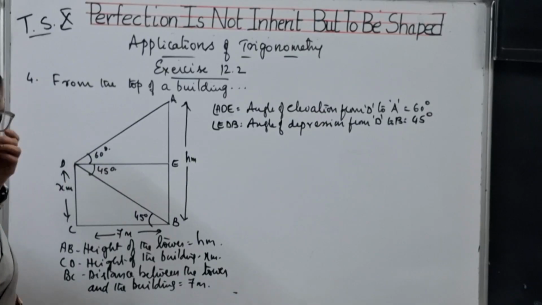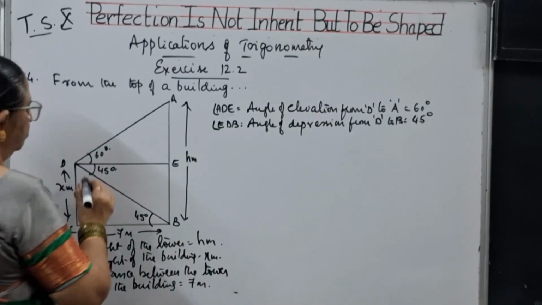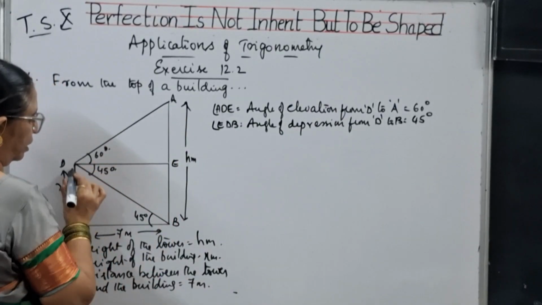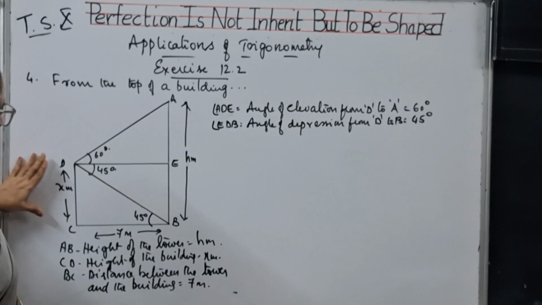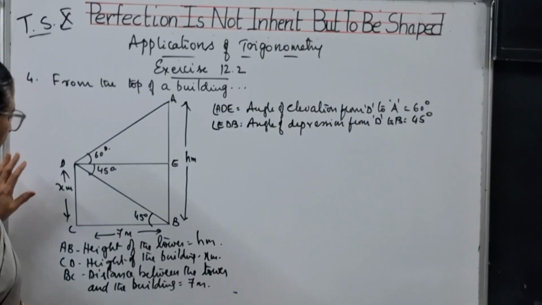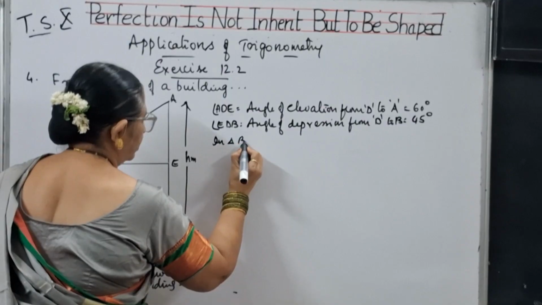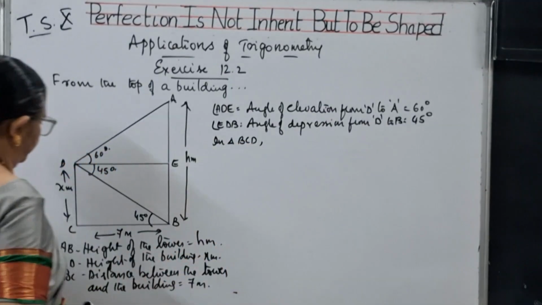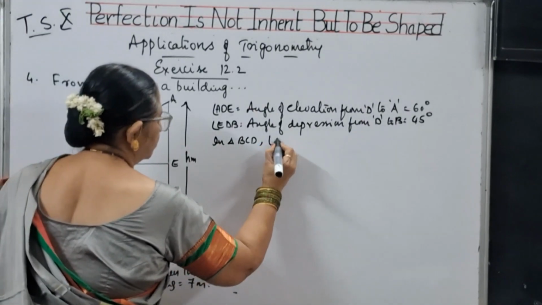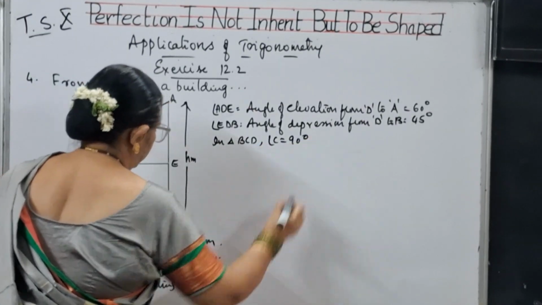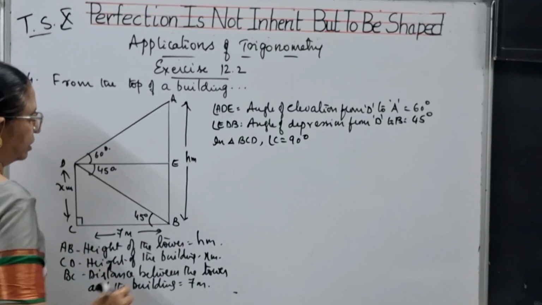So in this case we can talk about a triangle here and a triangle here. Now when you are talking about triangle BCD, in triangle BCD, angle C is equal to 90 degrees. So this is tan 45.